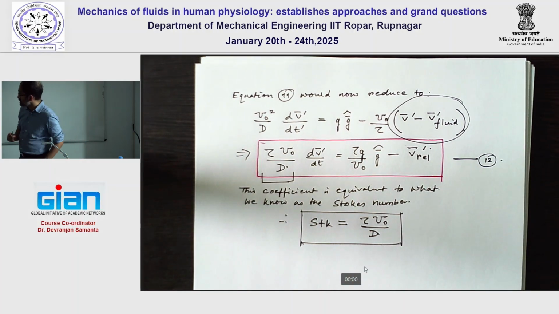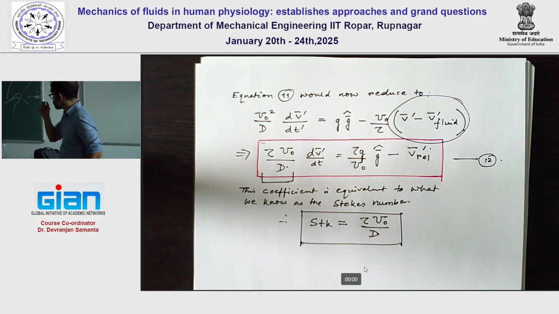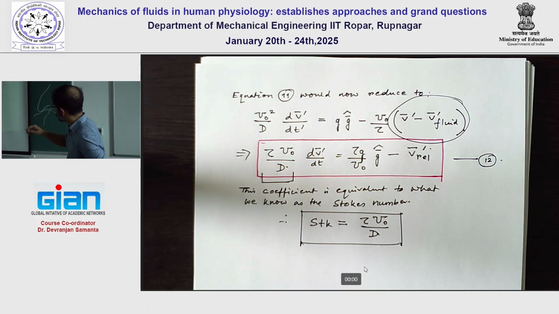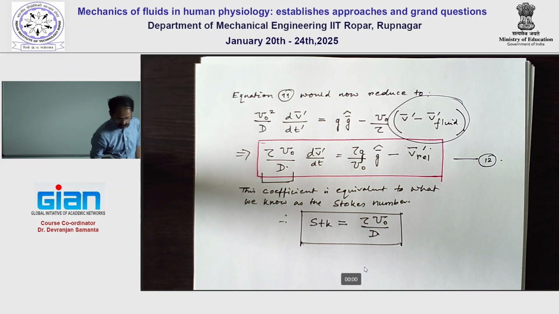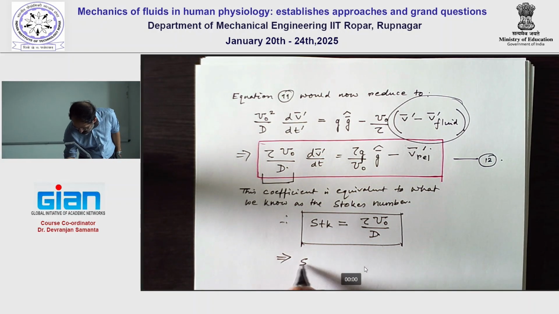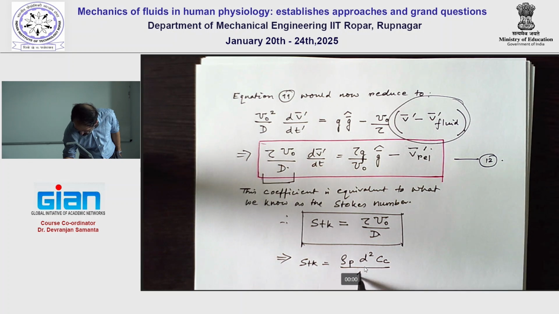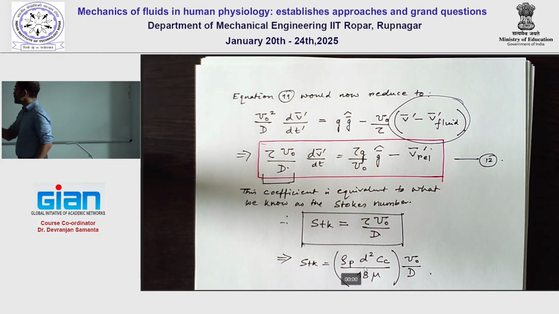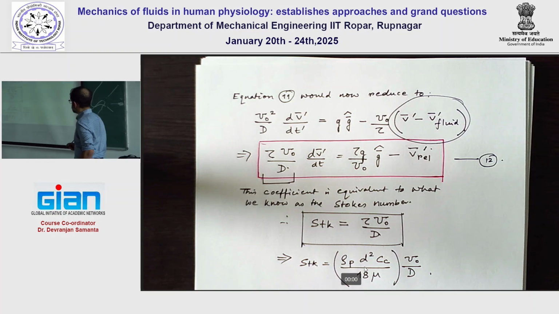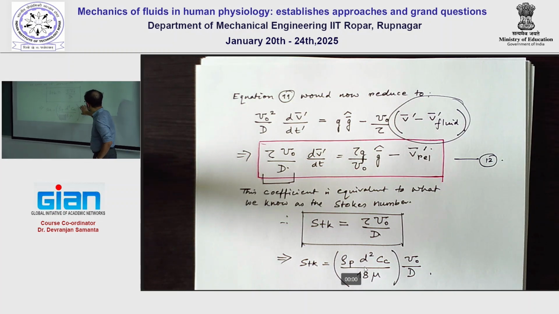Let's now plug in the expansion for the particle relaxation time tau that we have found before. So STK is rho p D squared Cc over 18 mu for the tau part, times U naught over D. What I was trying to refer to is that this is tau, and this U naught over D is 1 over T, the inverse time scale, right?